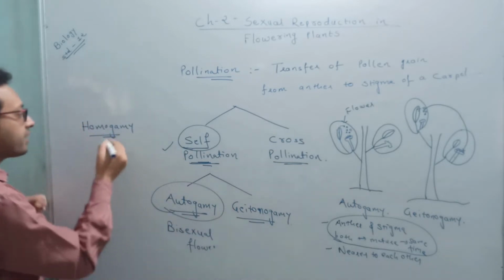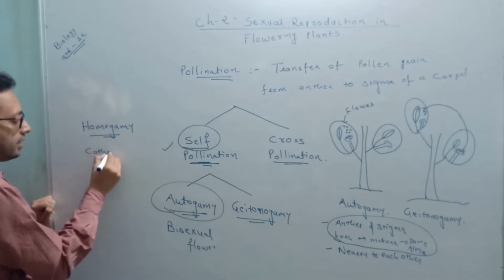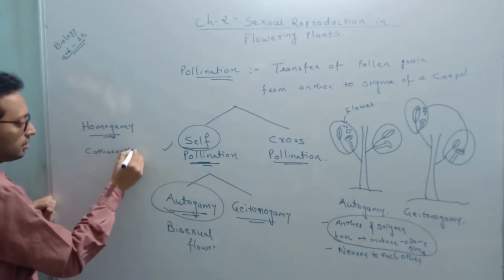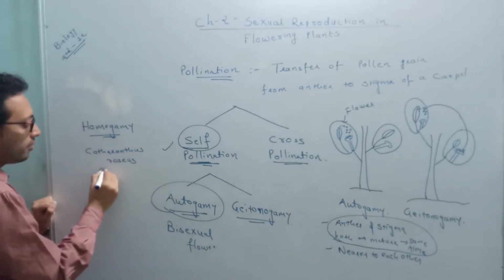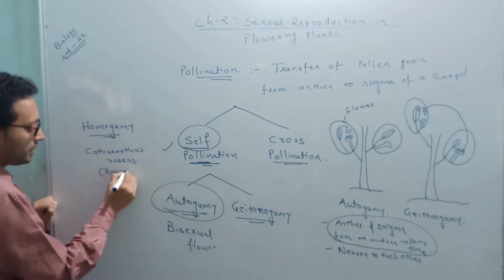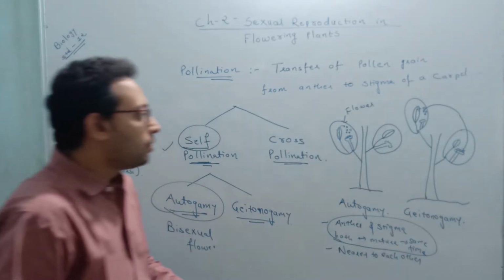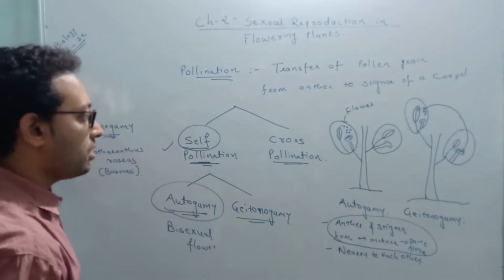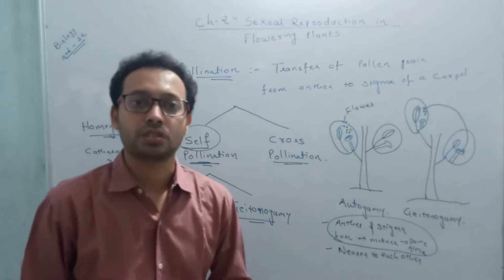And this kind of condition is found in the plant called Catharanthus roseus, what we commonly call bar mussel. So this homogamy condition promotes autogamy, or the self-pollination process.